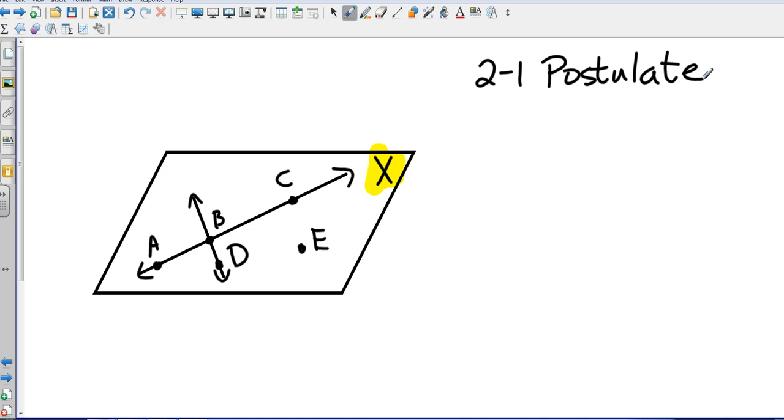So I could look at BD, I could look at BC, I could also look at CE, even though they're not connected, I could connect them and make a line. So the 2-1 postulate is on this diagram, which means the 2-2 postulate will also be on the diagram. So now let's take a look at 2-3.